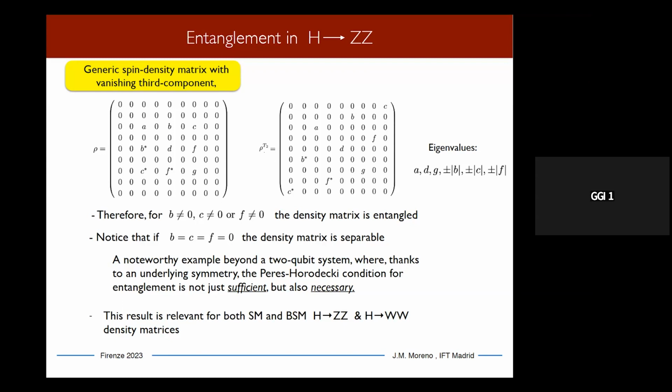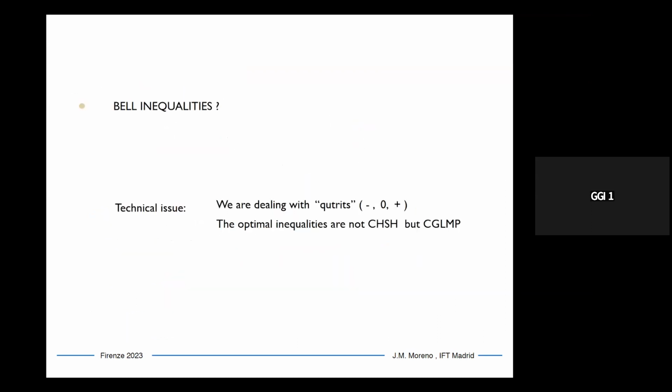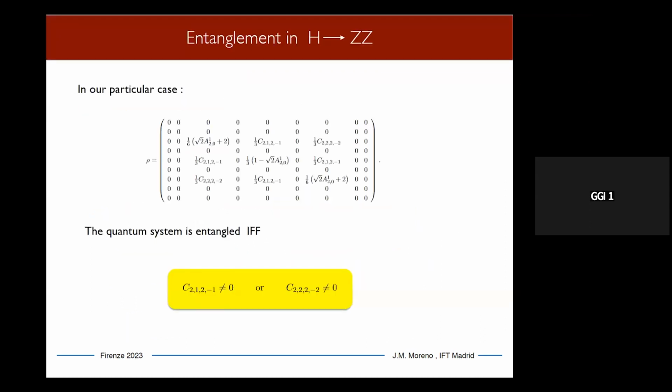In fact, in that case, it's not only a sufficient condition, but also a necessary one. As I mentioned before, this is relevant not just for Higgs to ZZ decays, but also for WW ones. So in our case, that translates into the condition that the quantum system is entangled if one of the two coefficients of these two correlations is different from 0.